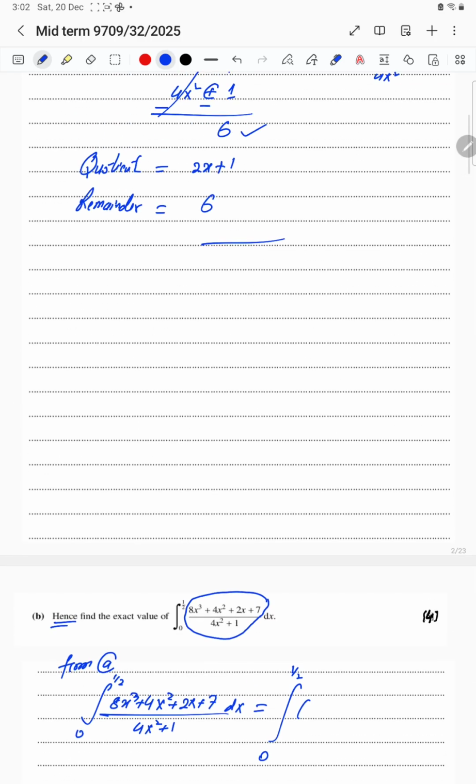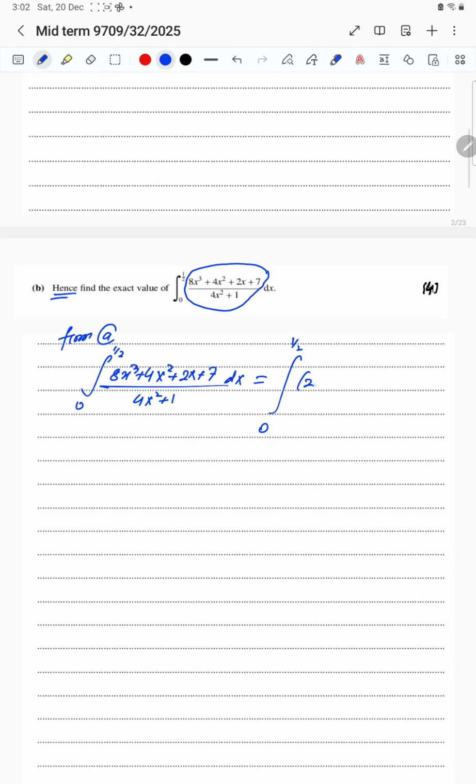I got the answer here, 2x plus 1 plus remainder over divisor, that was 6 over 4x square plus 1, dx. Now we can integrate it. So we will integrate it separately.